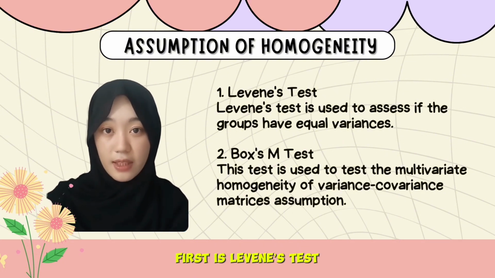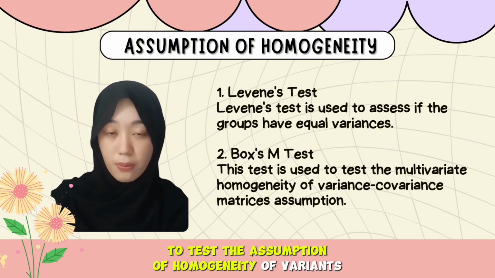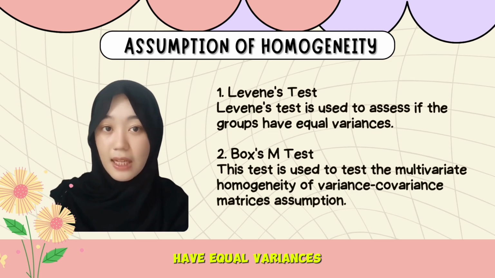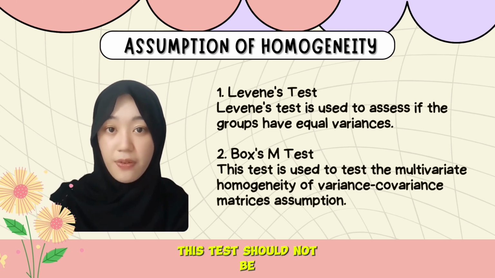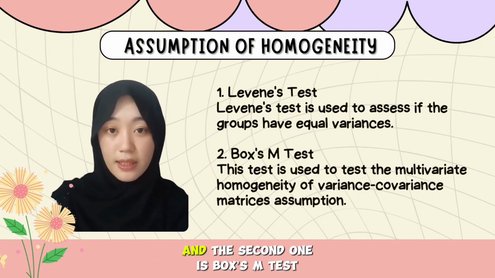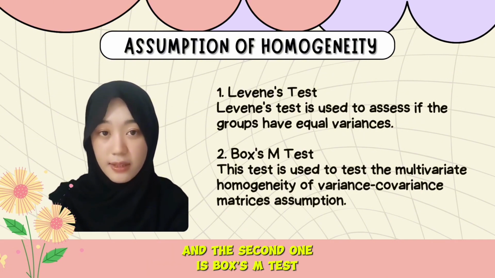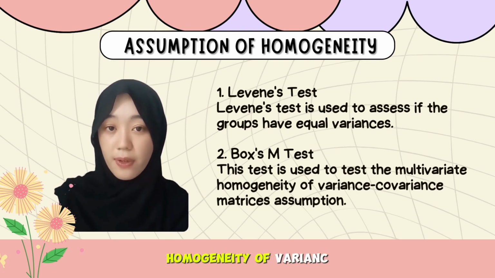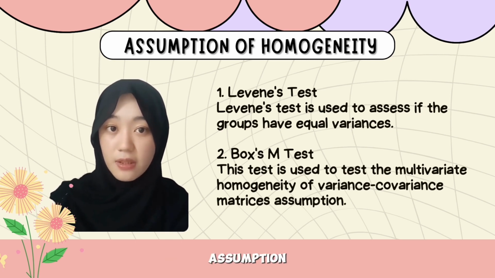So there are two tests in homogeneity. First is Levene's test. To test the assumption of homogeneity of variance, Levene's test is used to assess if the groups have equal variances. This test should not be significant to meet the assumption of equality of variance. And the second one is Box's M test. This test is used to test the multivariate homogeneity of variance-covariance matrices assumption.